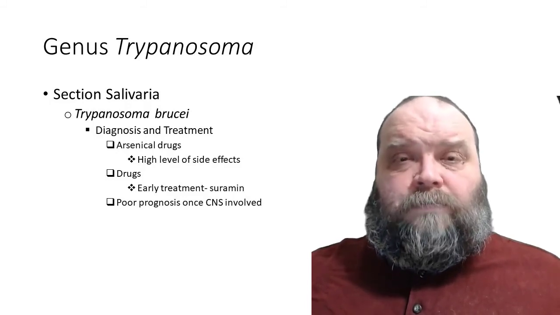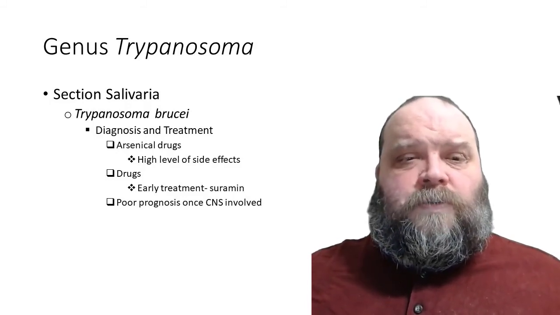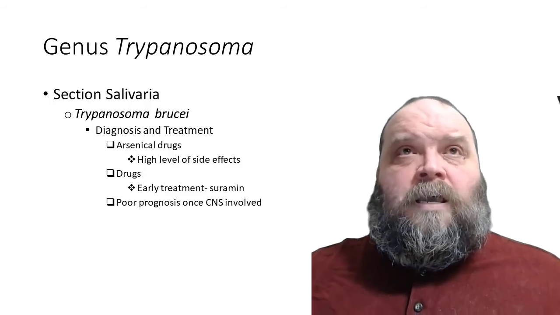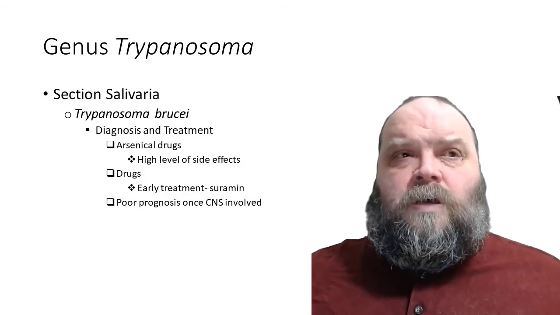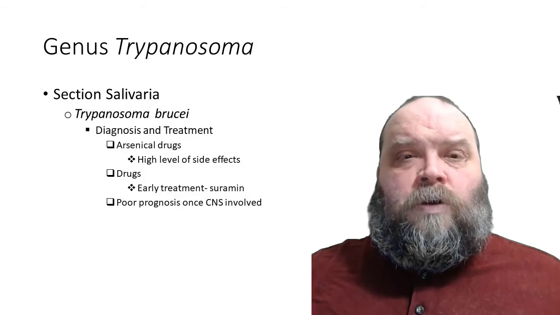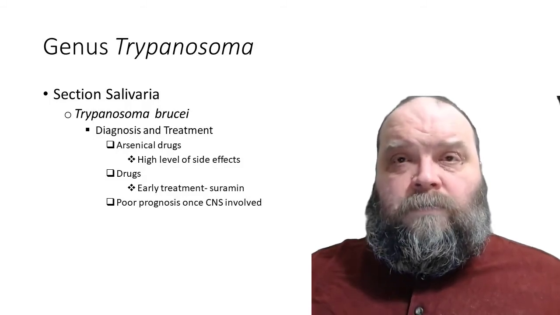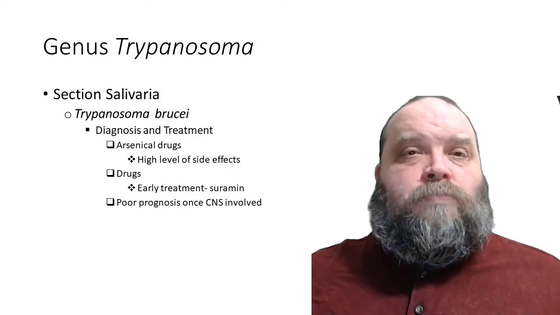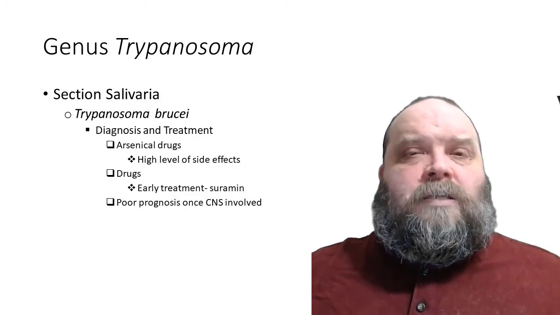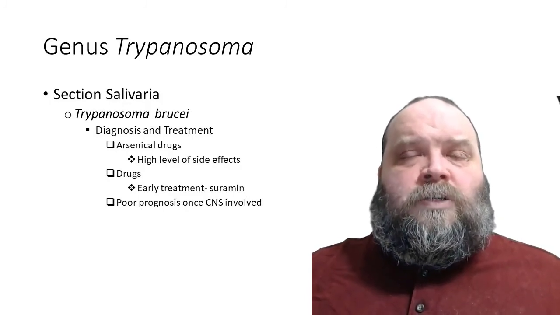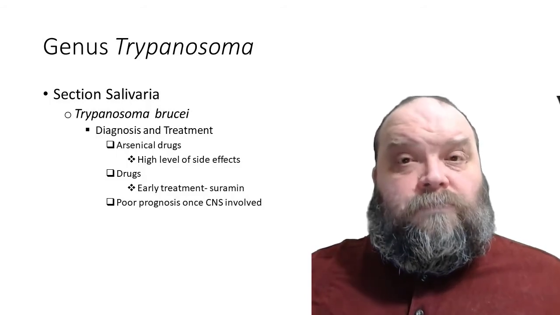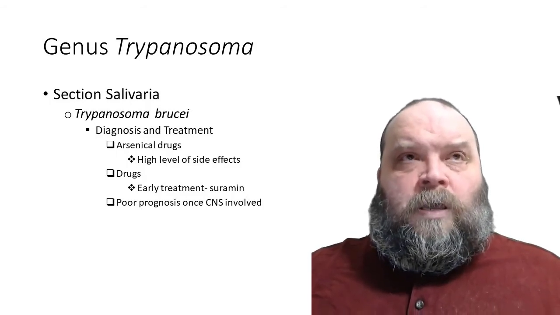If caught early enough, before there's any central nervous system involvement, they have been having some good indications with the drug known as Suramin. Okay, this helps resolve it in the early stages so it doesn't progress and you do not end up with tissue damage, organ damage, or central nervous system damage.